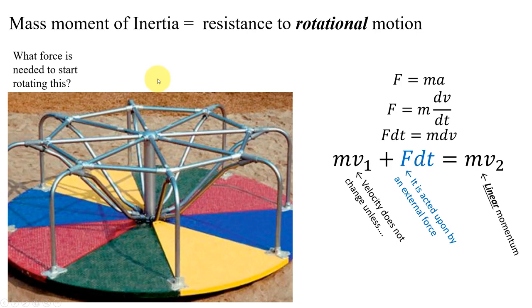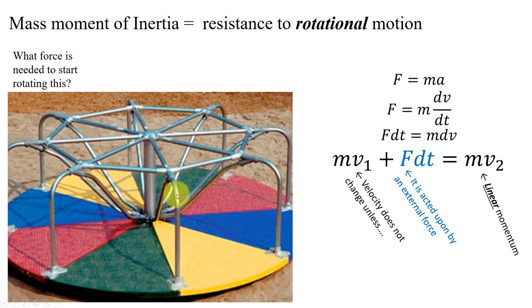If you have kids on a merry-go-round, will it be easier to push this if all the kids are piled up in the center or if the kids are sitting out on the edge of it? Let's say you have a blindfold on and you're pushing on this and you can't quite see what you're pushing on.